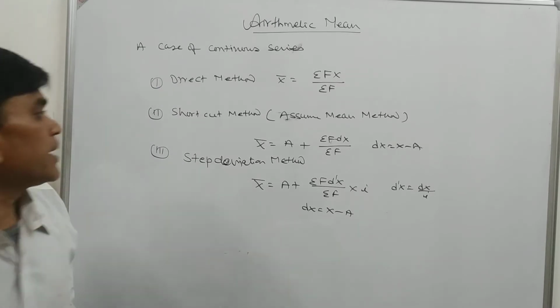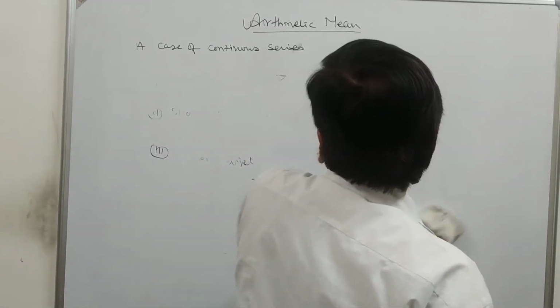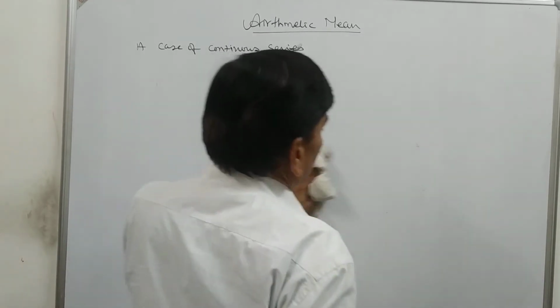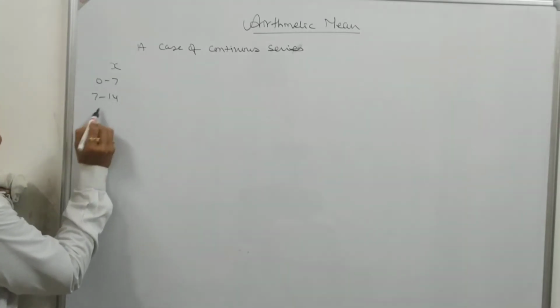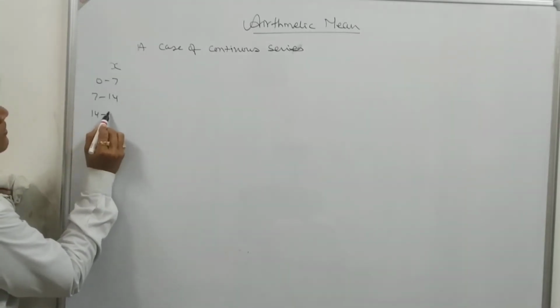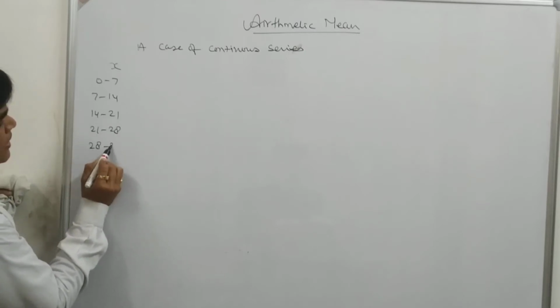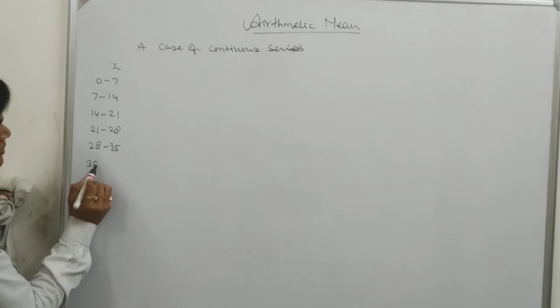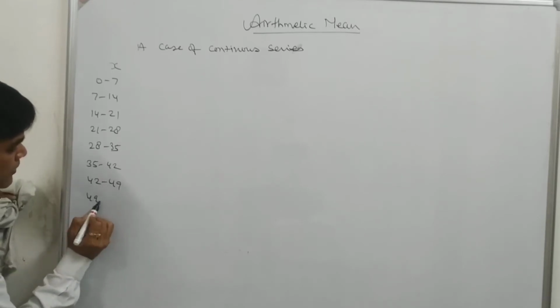So I have a question here for a continuous series problem. Suppose the class intervals given are 0 to 7, 7 to 14, 14 to 21, 21 to 28, 28 to 35, 35 to 42, 42 to 49 and 49 to 56.